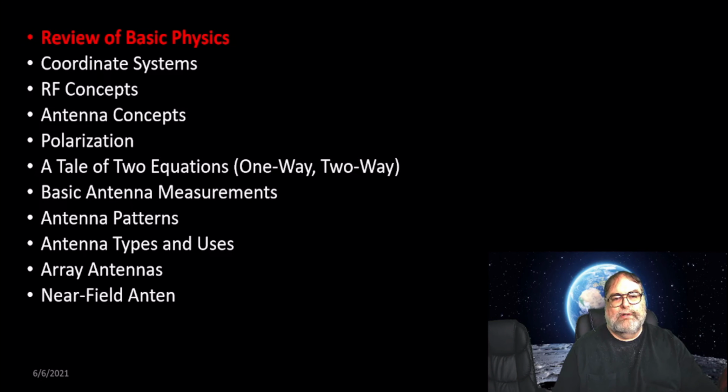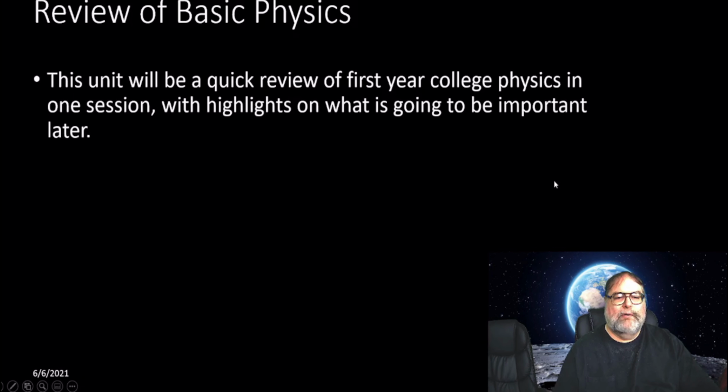This module is the review of basic physics. We're going to talk about some concepts that you should have got in first year college physics, but hopefully it will be useful later on in this course. So this will be a quick review of first year college physics in one session.